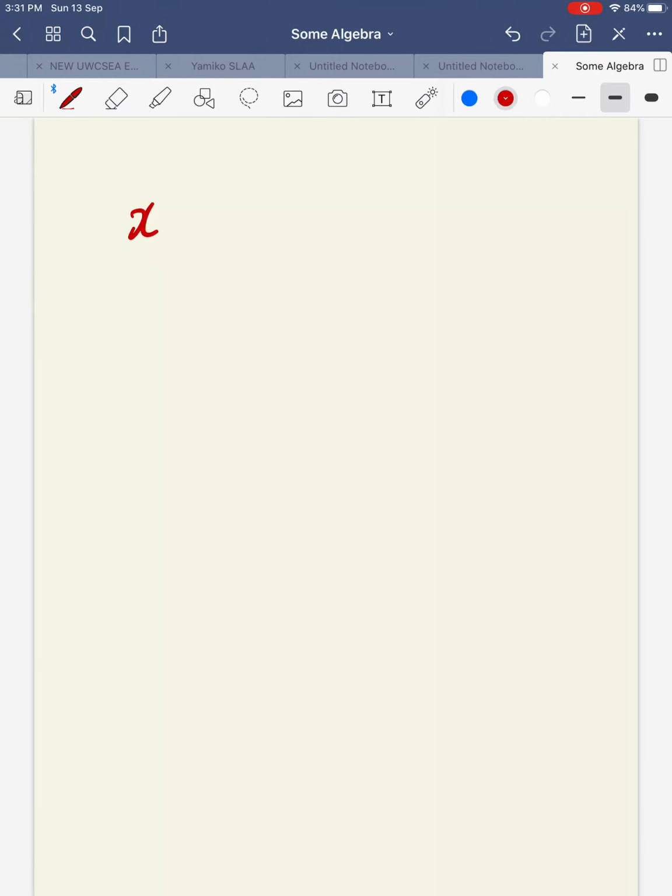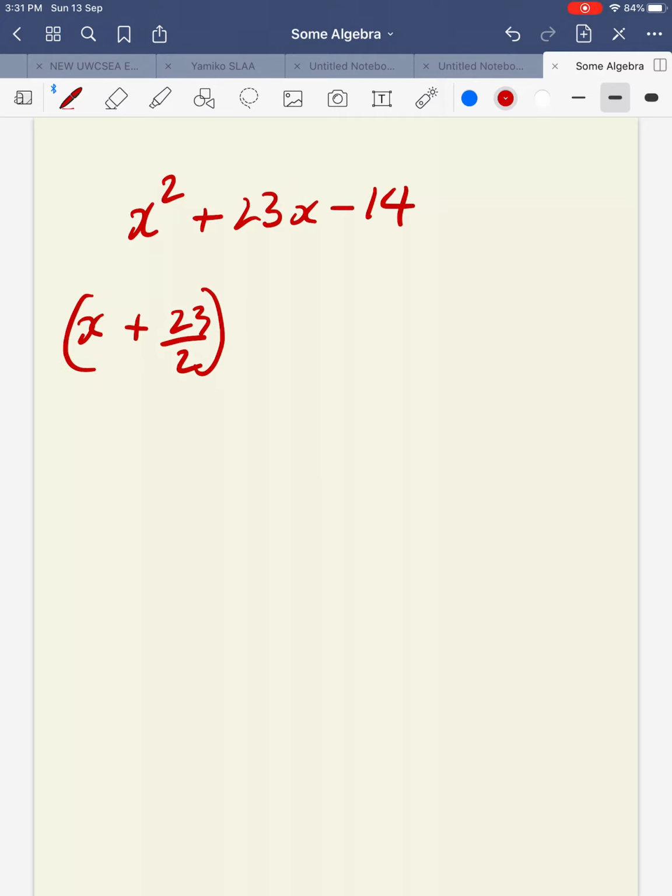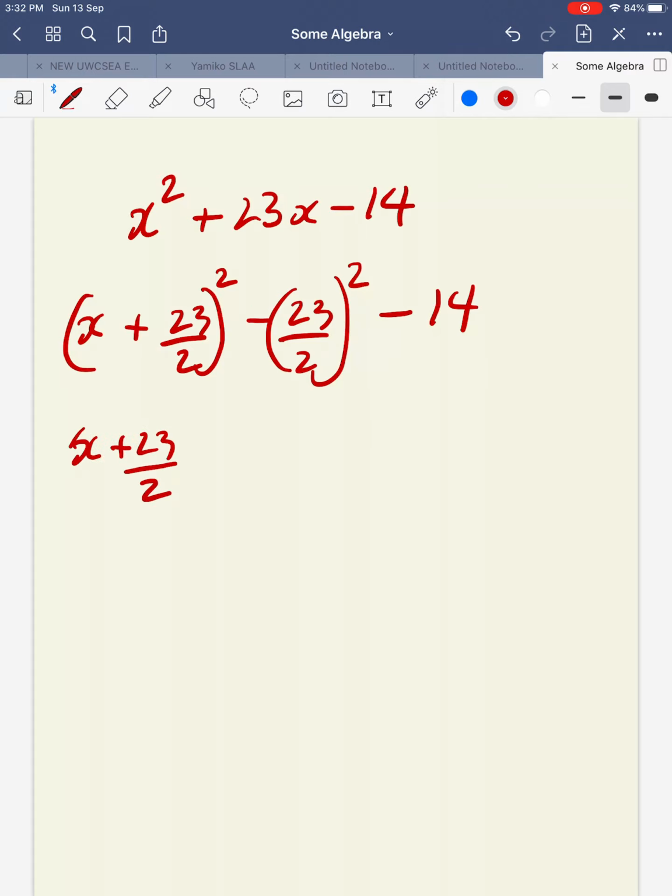Okay, let's just pop 2 more in here. If I have x squared plus 23x minus 14, it's x plus 23 over 2 all squared minus 23 over 2 squared, and then subtract the 14. Okay, this is going to get a little bit more fiddly, but we can still crunch that out. X plus 23 over 2 all squared minus, and this is 529, I think, over 4 minus 14 over 1.